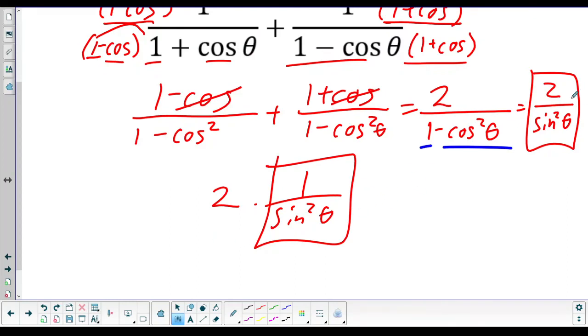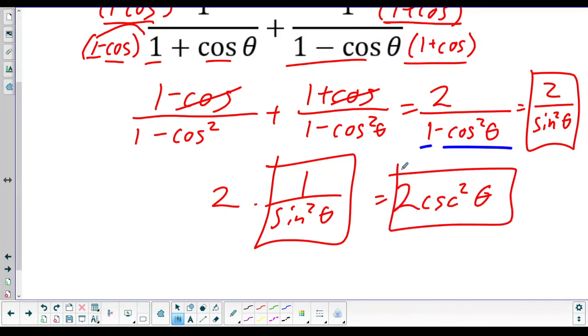So this could also be written as 2 cosecant squared theta. This is probably the better one because there's no fraction, but there's a reciprocal trig function. So, six of one, half a dozen of the other, it's whatever. They're the same thing, they're equal, but it's whichever one you like better.